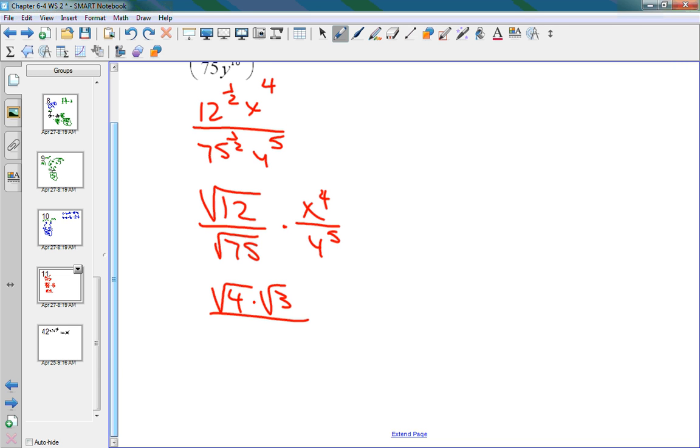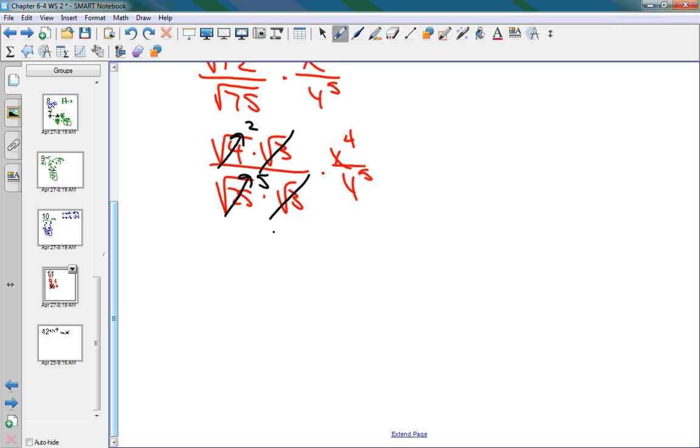Factors of 75 that are perfect squares: square root of 25 times the square root of 3. All over this, times that. What happens to your square root of 3? And what is the square root of 4? What is the square root of 25? To give you 2x to the 4th over 5y to the 5th.